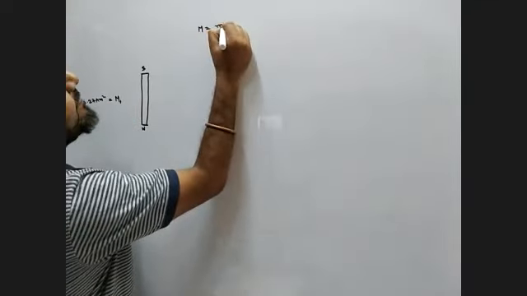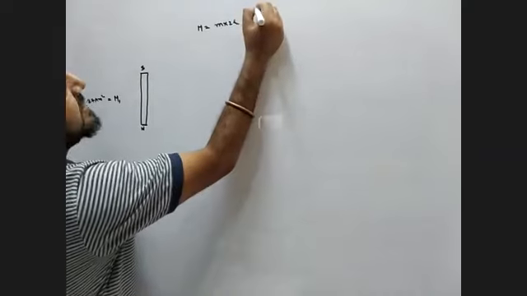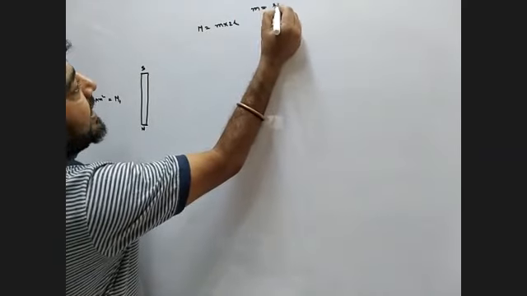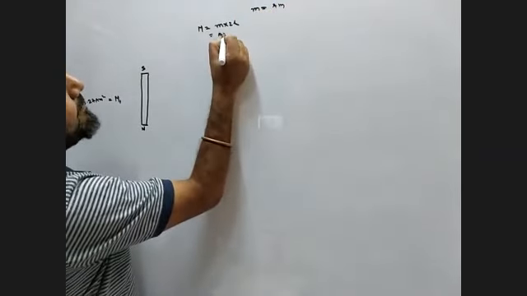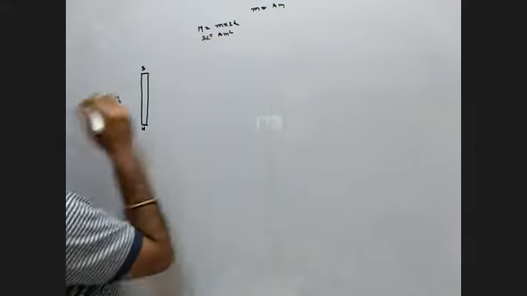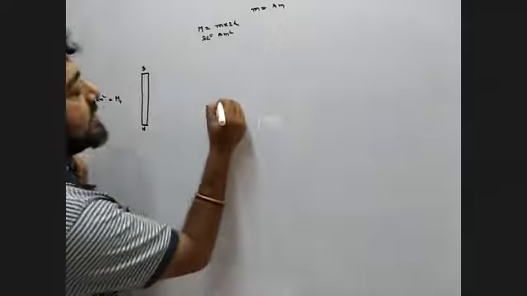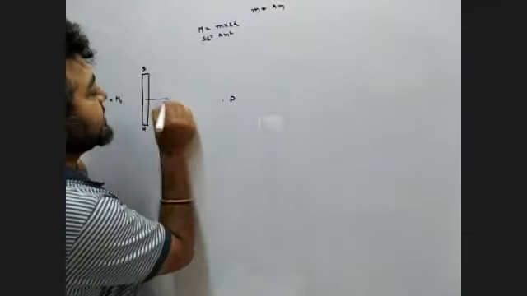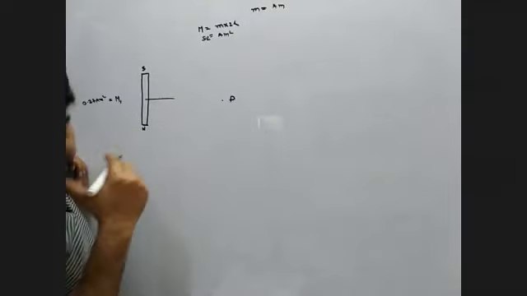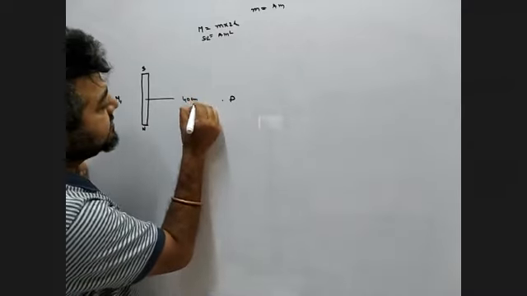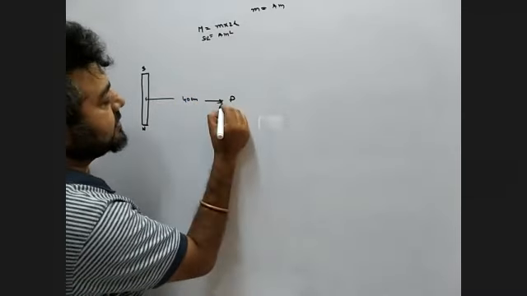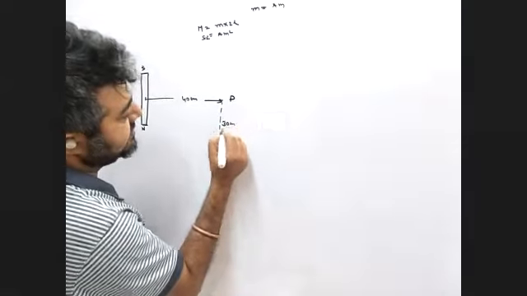Magnetic moment is M into 2L, as the SI unit of pole strength is ampere meter, that is ampere meter square SI unit. So 0.27 ampere meter square. And here you have a point P, which is at a distance, suppose 40 centimeter, and this one 30 centimeter.